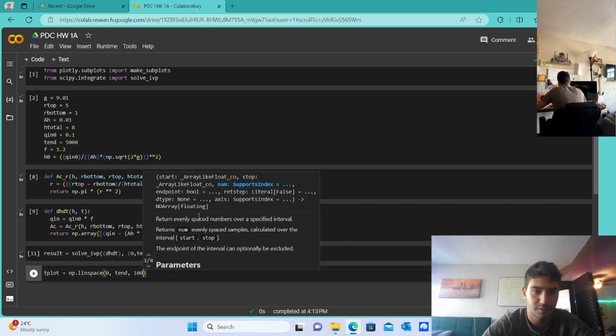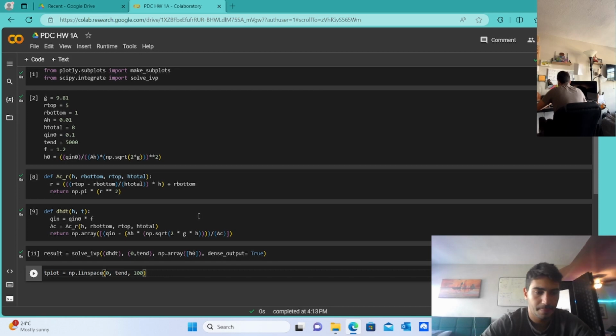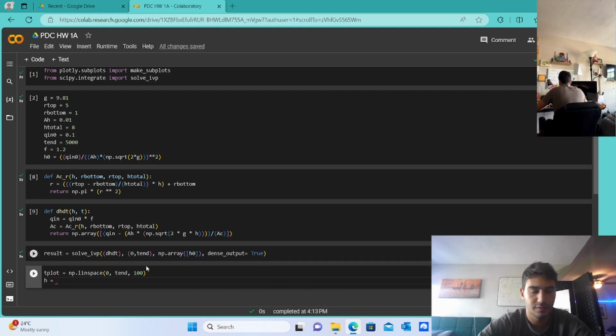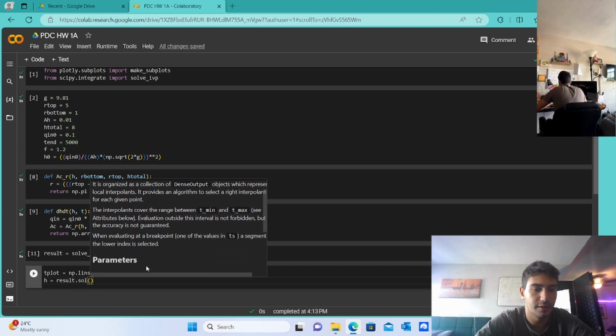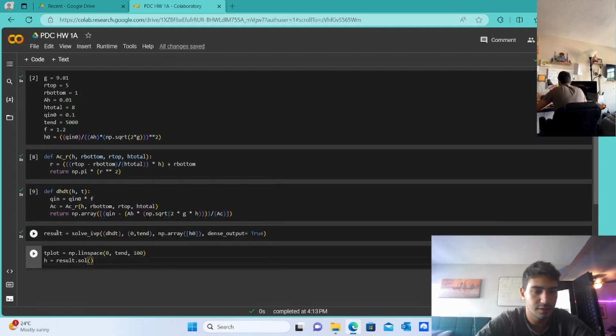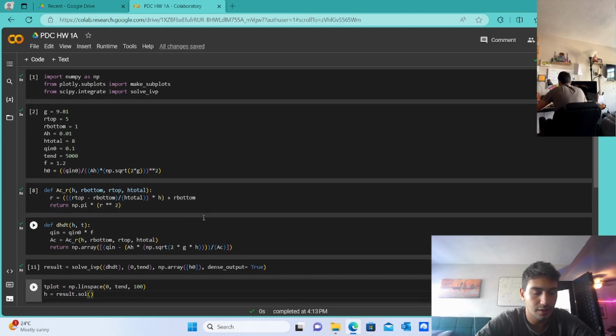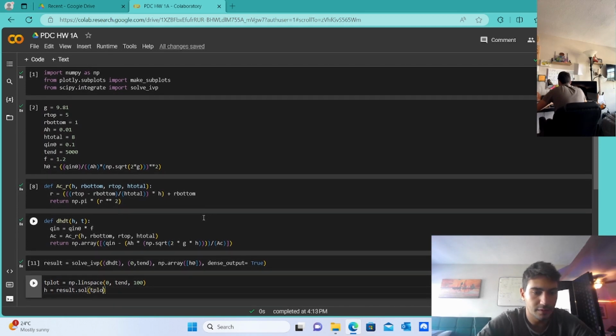Start off with 100 points, right? And then we're gonna give values to h from this result thing. So result dot solution, and then we're gonna pull these values out, of course, so we can put it in there. So result dot solution. We're gonna put it to the t-plot, and then we want to pull out the first one.